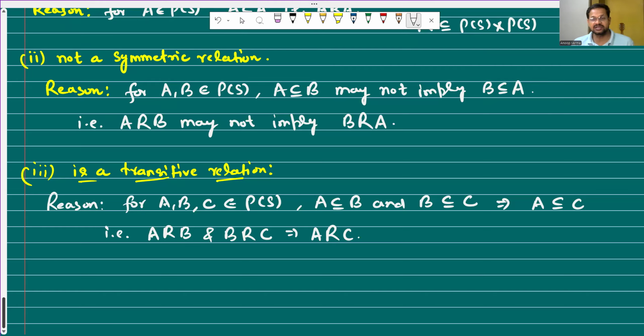So A will be related to B if A is a subset of B. So this relation is transitive, reflexive, but not symmetric. Okay, I think these examples help you understand which relation is transitive, symmetric and reflexive, right.